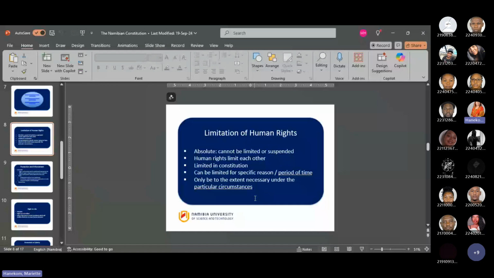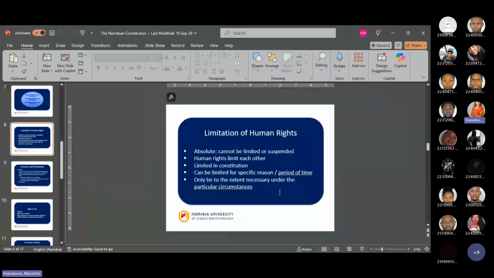The Constitution also provides that certain human rights, also not all of them, can be limited for a specific reason or a specific period of time. The most obvious example that comes to mind there is lockdown during COVID. One of the fundamental rights is the right of free movement through the country, which during COVID was limited.